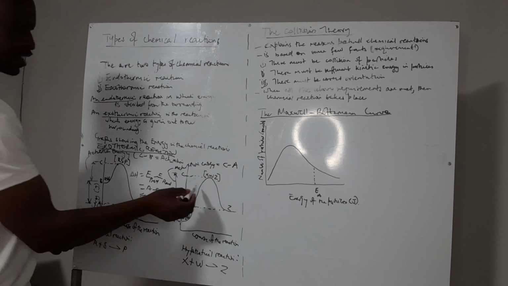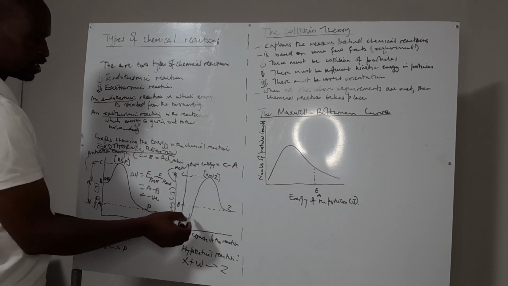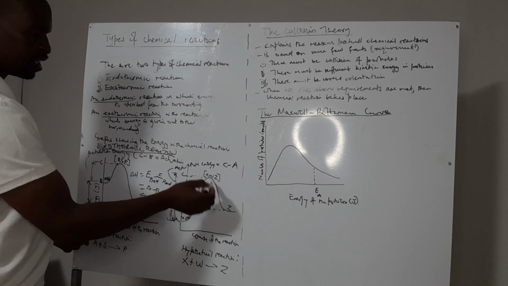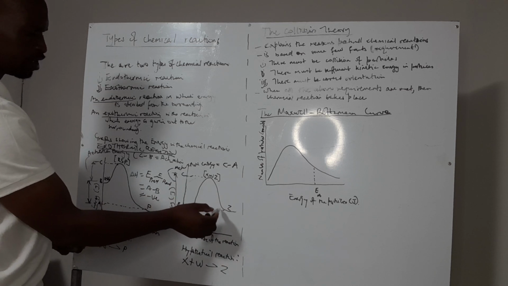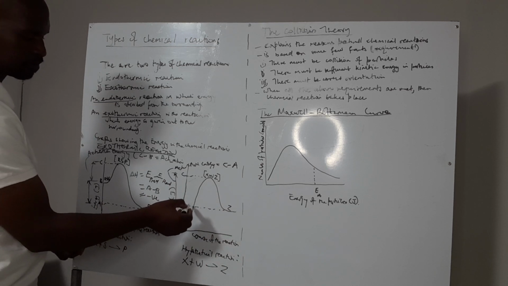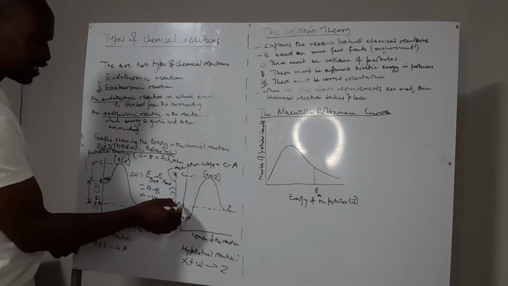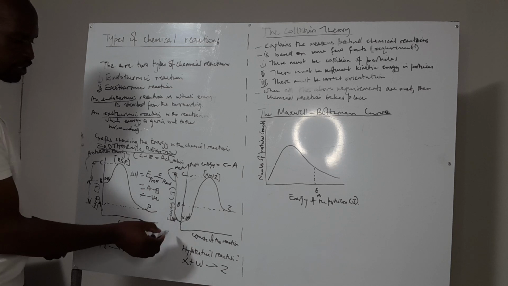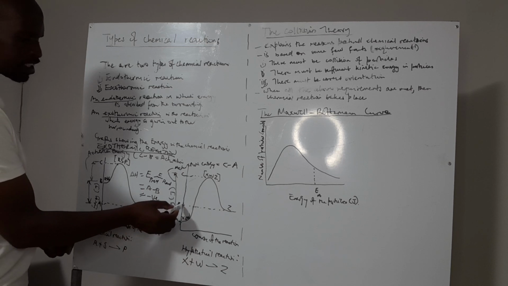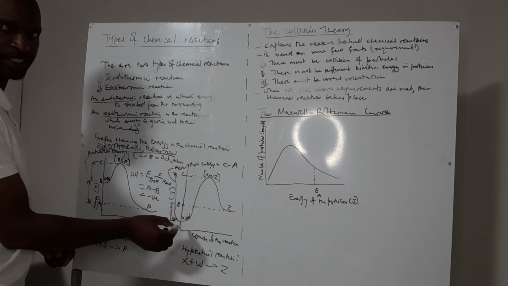And you'd realize that when the reaction has gone and the product was formed, the energy of the product is now higher, that is, the value of energy at B is higher than the value of energy at A. It means the products have more energy than the reactants.